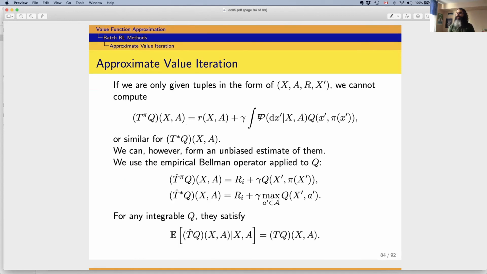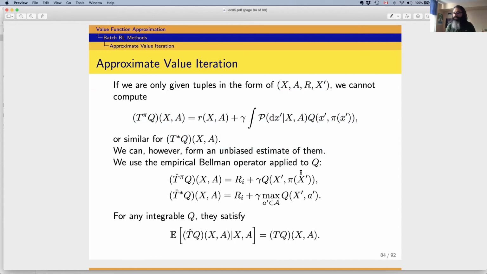So if you are only given data points in the form of tuples (x, a, r, x'), with x' being the next state, we cannot compute this Bellman operator, or similarly T star, but we can compute the empirical Bellman operator applied to Q. And that would be an unbiased estimate of it.